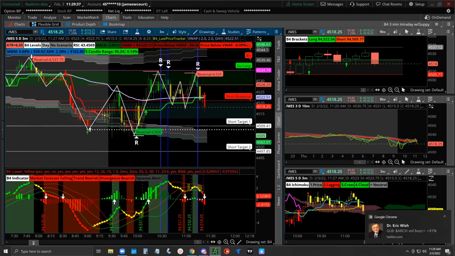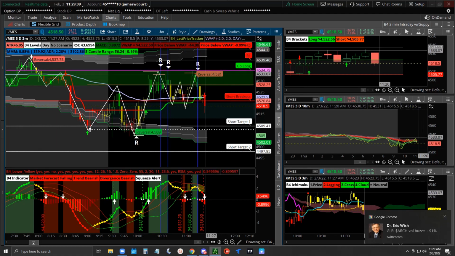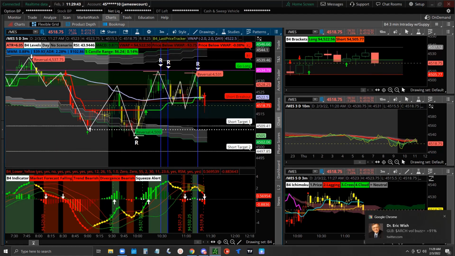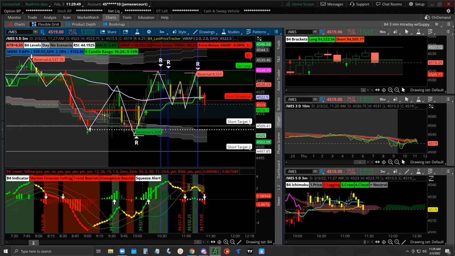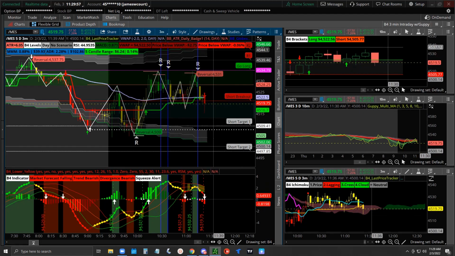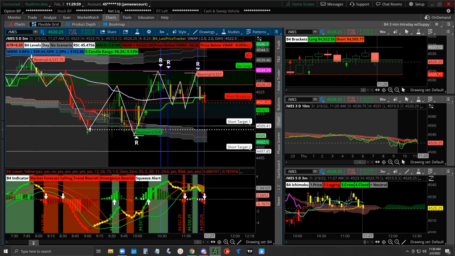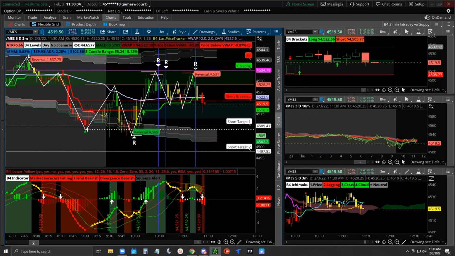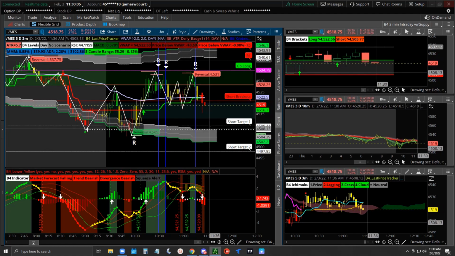So what it's doing right now is it's trying to come down to this. I'm going to take this area as a demand zone. It's looking for buyers. Might even take, that's too much, I think.